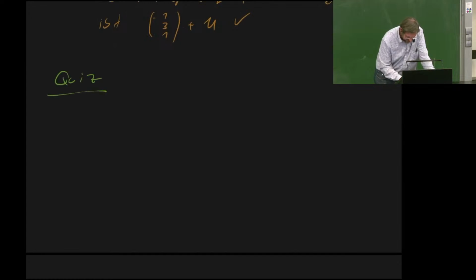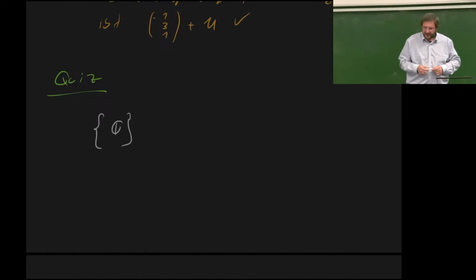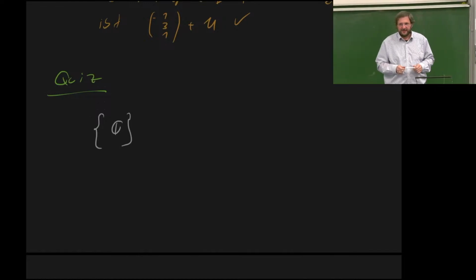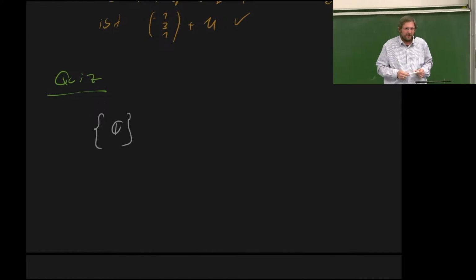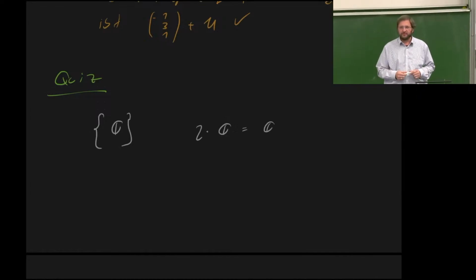What you say is if my set consists of just the zero vector, and that is included in every vector space, so I can always take that. Is that linearly independent? Well, obviously it's not, right? Because I can produce the zero vector, for example, by multiplying that by 2. Right?